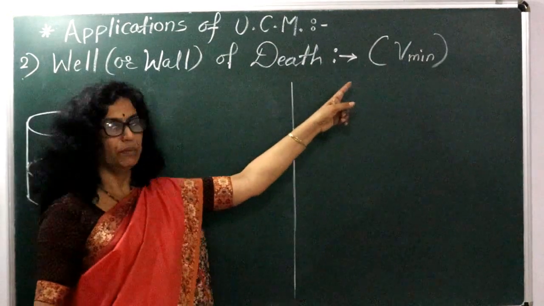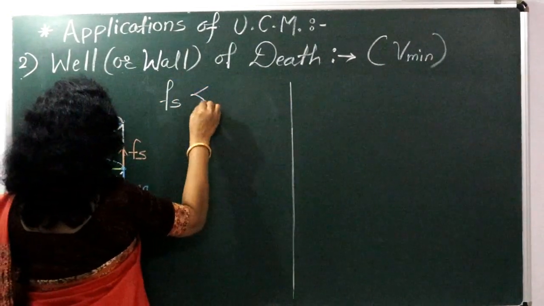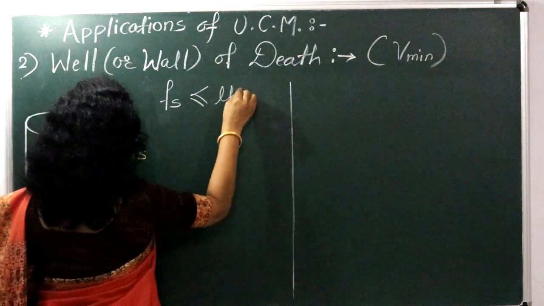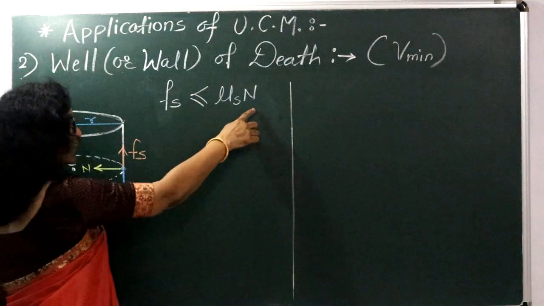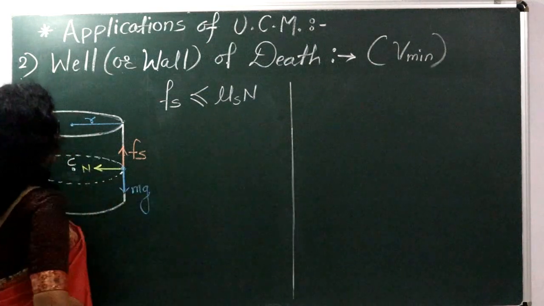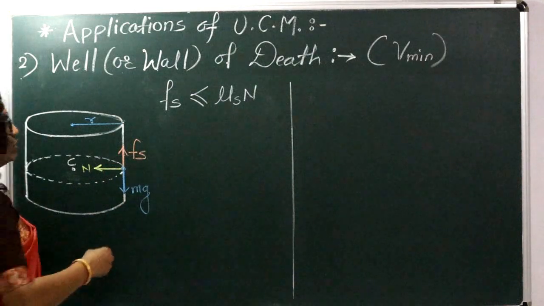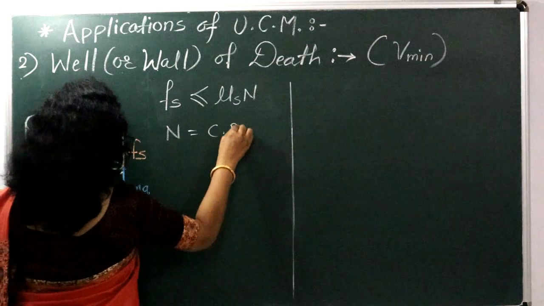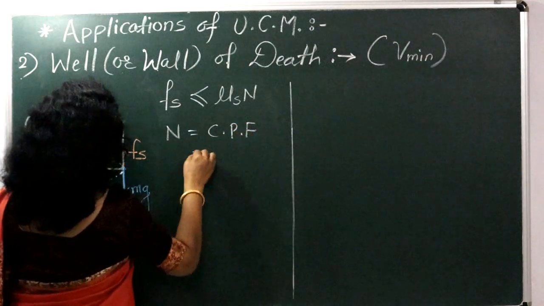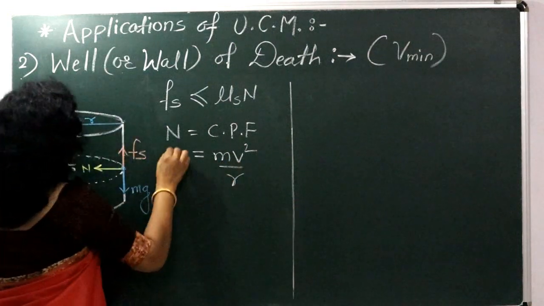Condition for the minimum speed. The force of static friction is less than or equal to mu s into N, where mu s is the coefficient of static friction and N is the normal reaction. In this case, the normal reaction is equal to the resultant centripetal force, that is N is equal to the centripetal force. The formula for centripetal force is m v square upon r.